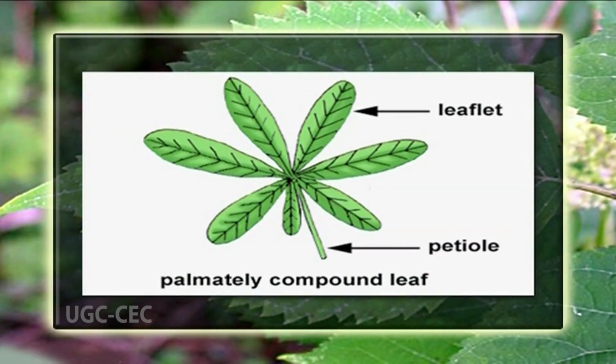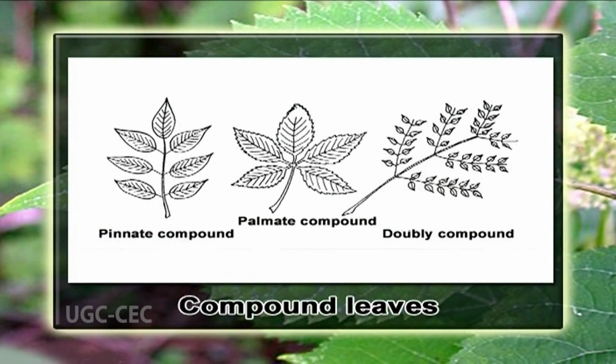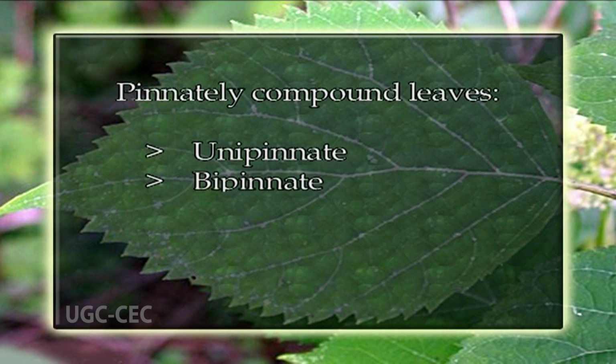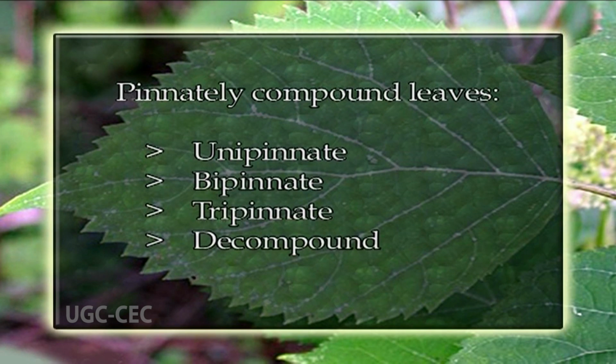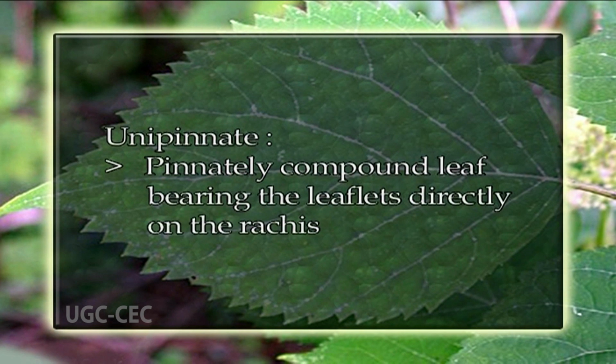Now, pinnately compound leaves. It is a compound leaf with the leaflets arranged along the sides of a common axis, the rachis. Pinnately compound leaves are of many types: unipinnate, bipinnate, tripinnate and decompound. Unipinnate. A pinnately compound leaf bearing the leaflets directly on the rachis.